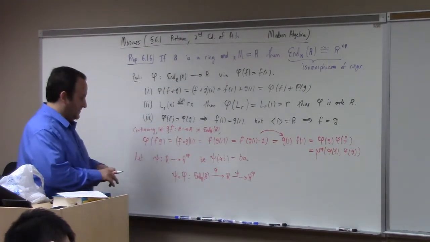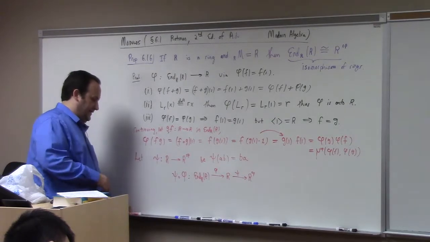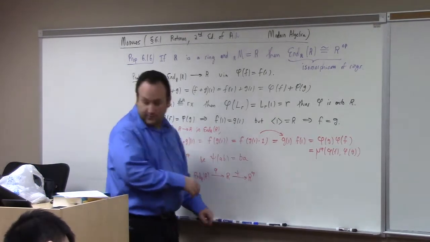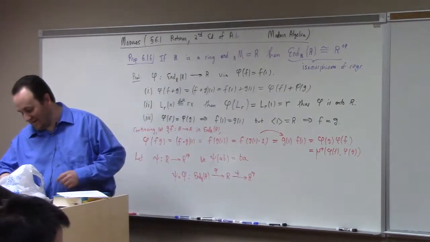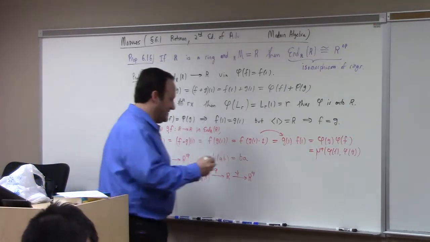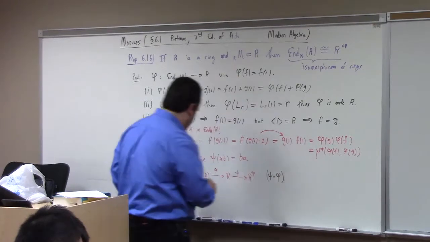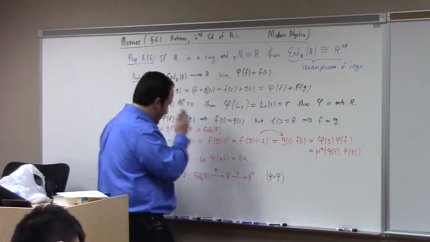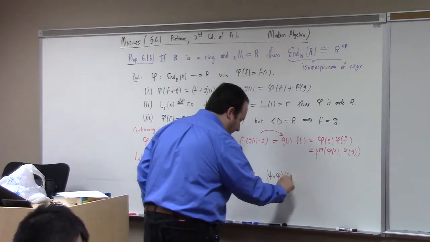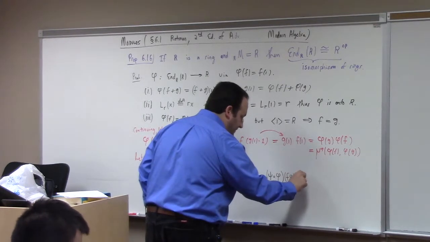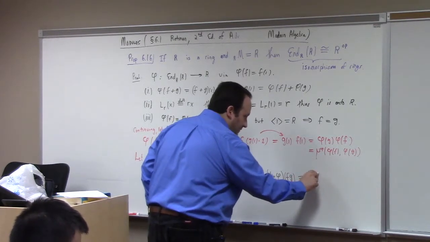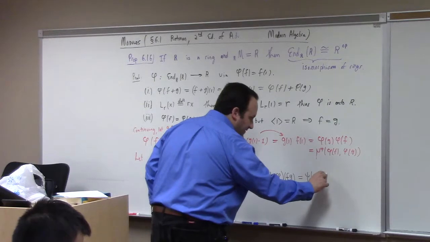But anyway, I spent entirely too long on this already, so let me just finish this thing. What's psi composed with phi of fg? It's psi of the opposite multiplication of phi f.